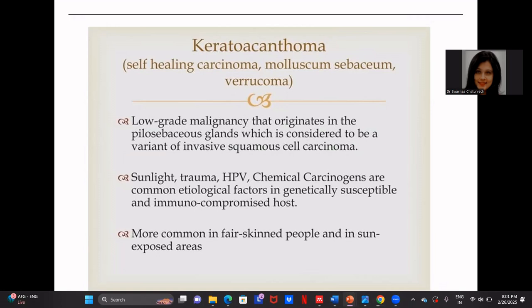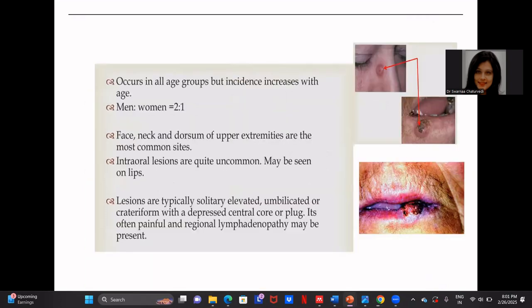Looking at its etiological factors, it includes sunlight, trauma, HPV, and chemical carcinogens. It is seen more commonly in immunocompromised patients and genetically susceptible ones, and more commonly in fair-skinned people and in sun-exposed areas. Because of its prevalence in sun-exposed areas, it is less likely to occur inside the oral cavity.